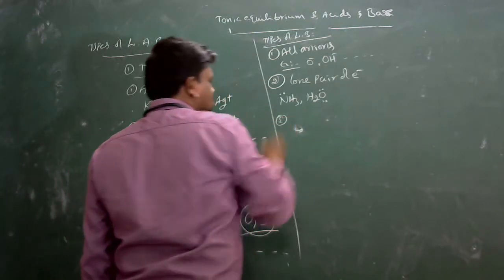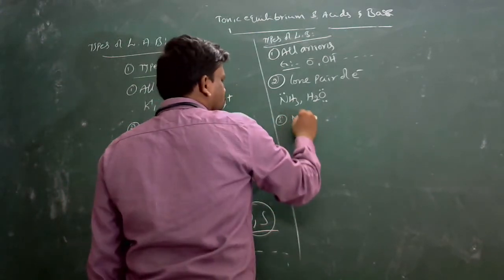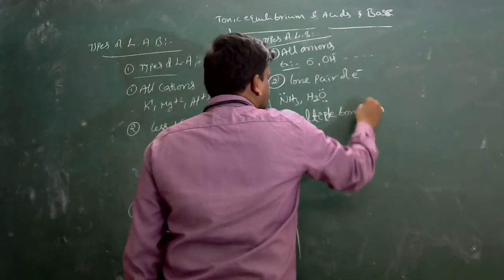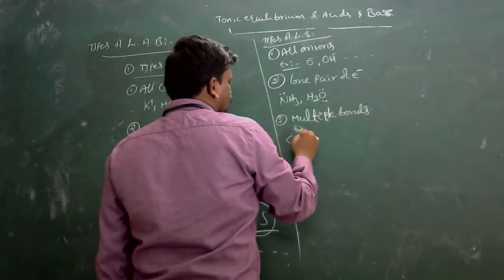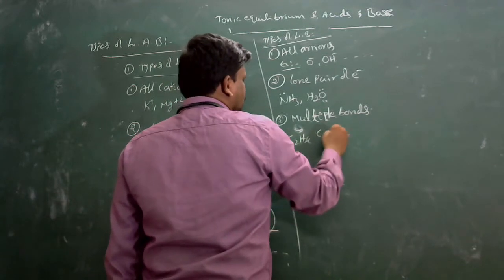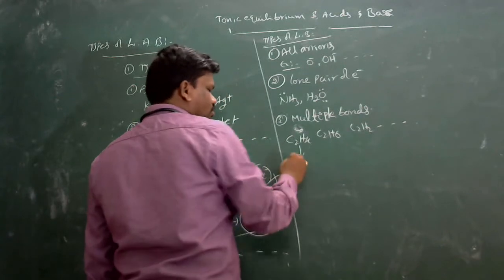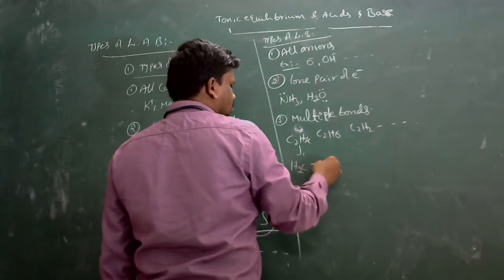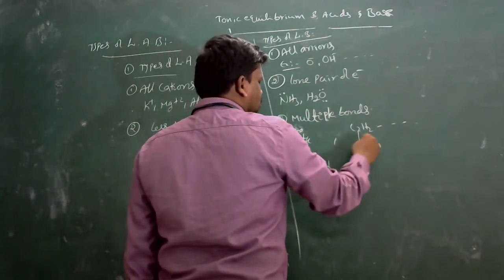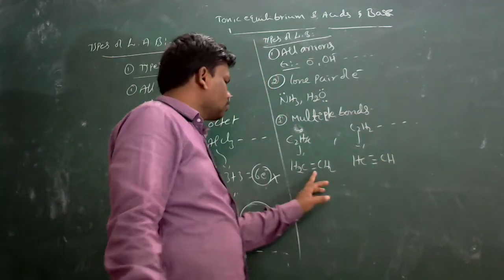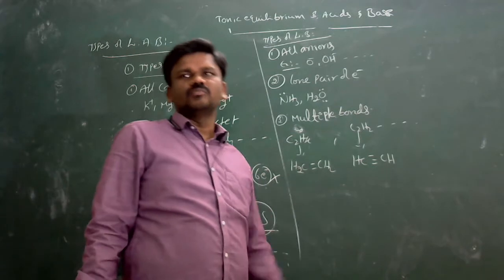And molecules having multiple bonds, like C2H4, C2H2 and so on. Here C2H4 is H2C double bond CH2, another one is C2H2. If more than one bond is present, it acts as multiple bonds.